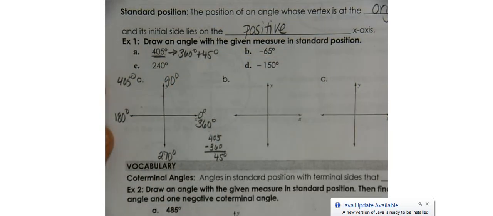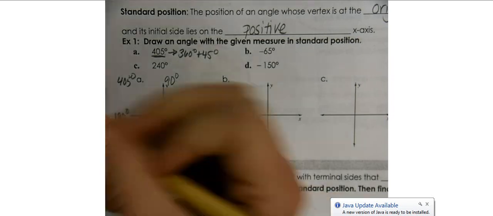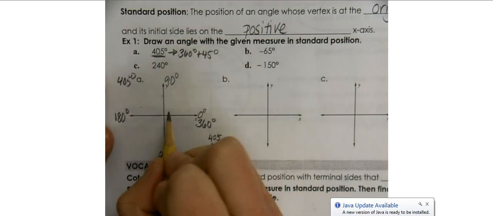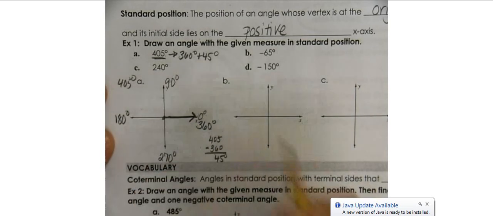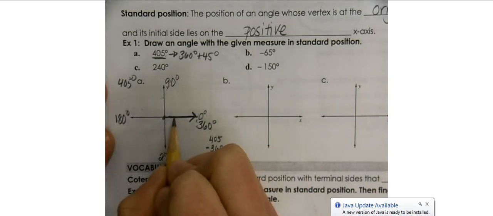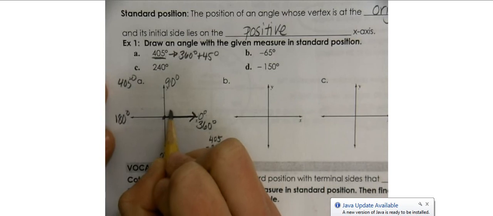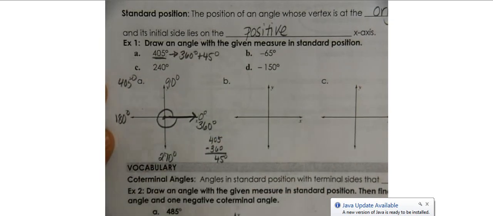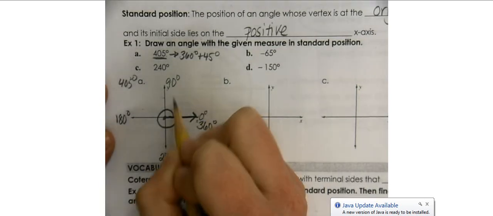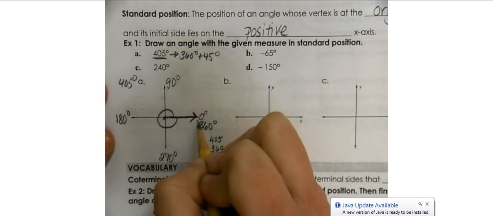So the way that you draw it, since we're going in a positive motion, is I'm going to draw my initial side. I'm going to put a little arrow at the end since this is an angle. And I'm going to rotate my angle 360. And then I'm going to travel 45 degrees, which is about halfway between 0 and 90.